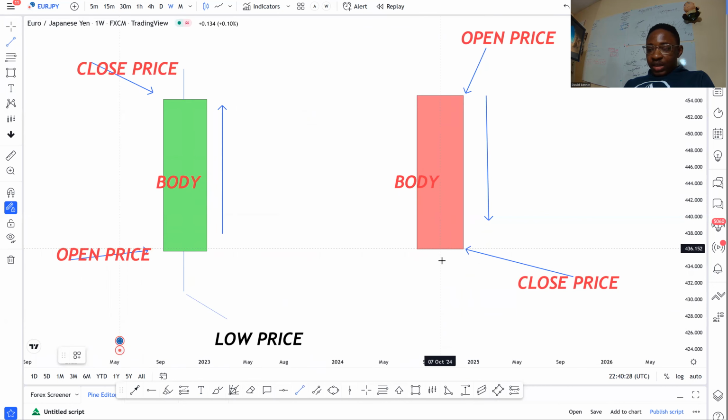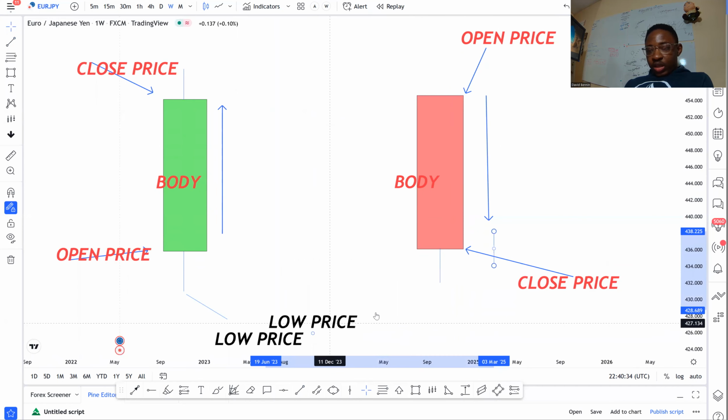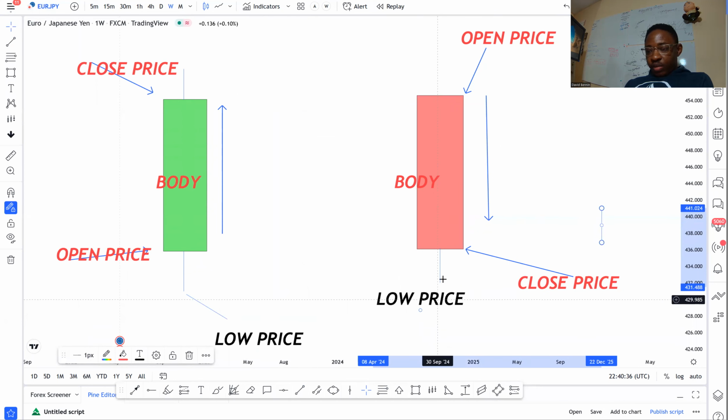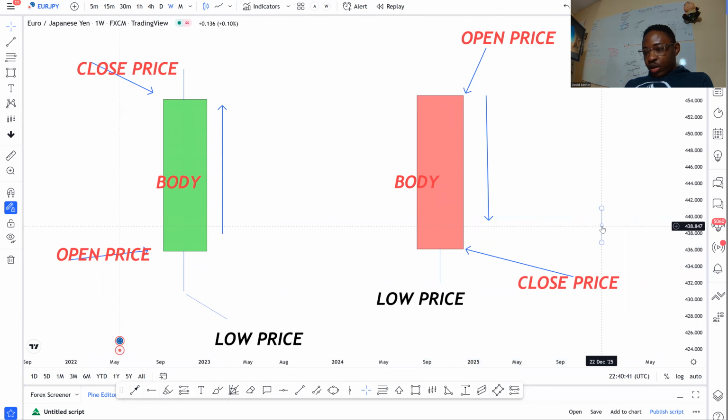It doesn't matter if this is going up or down. Low price is still low price. So this point here is also a low price. If the market came down a little bit before it closed here, that will also be a low price. And this level here would be the high price.